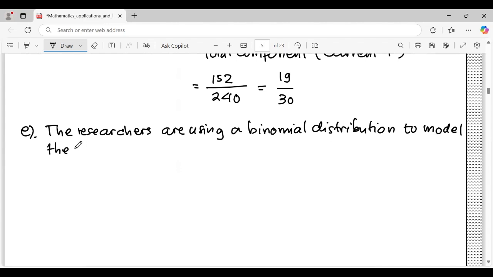Model the number of components that develop cracks.